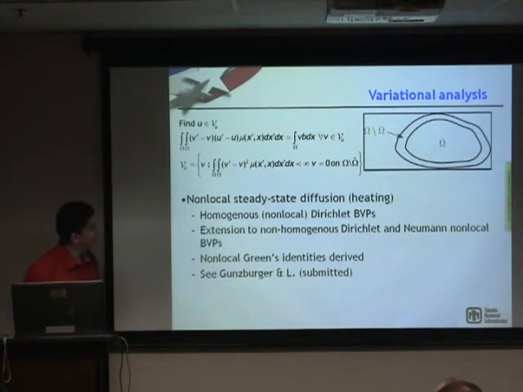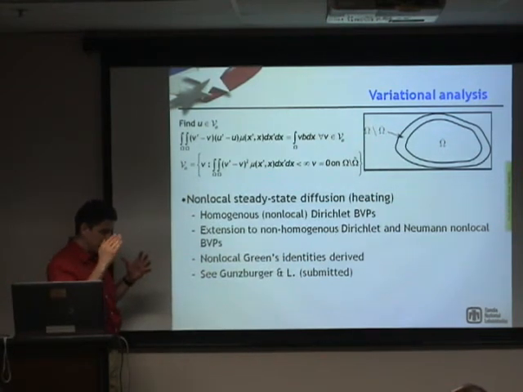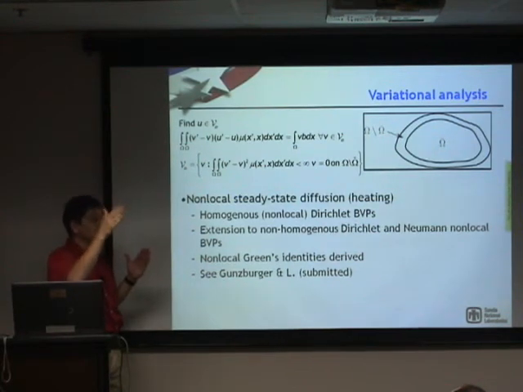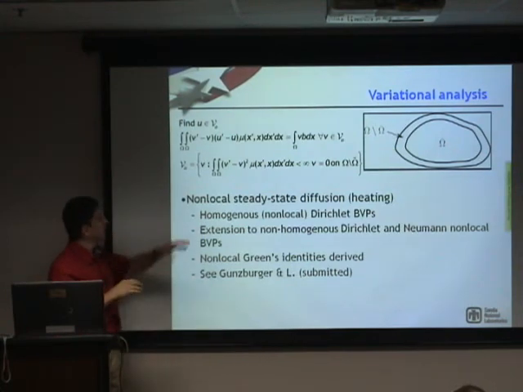Okay, so if I was working with the classical theory, right, one set of conditions I can use to solve that problem is to suppose that, for example, if mu was playing the role of temperature, the temperature is 0 along the boundary, right?